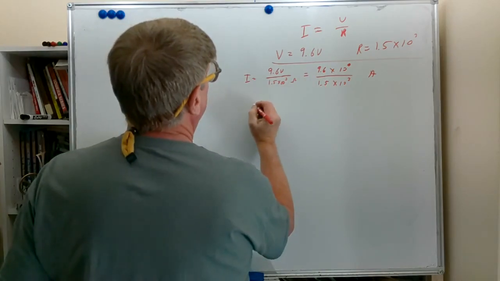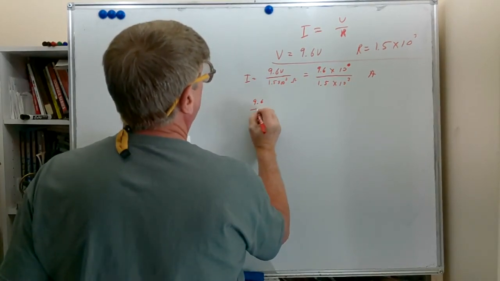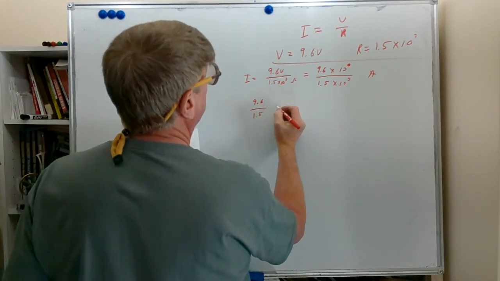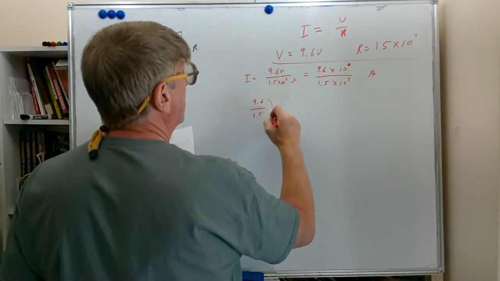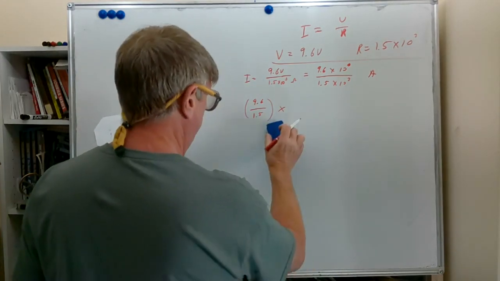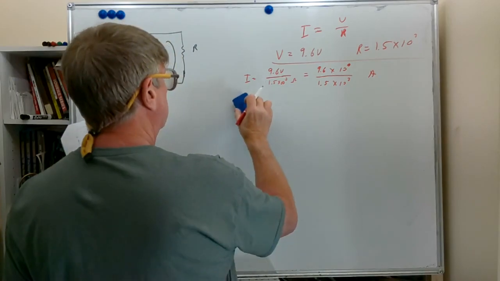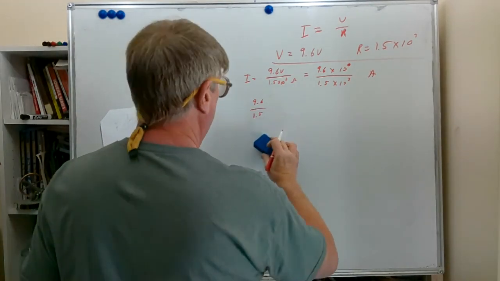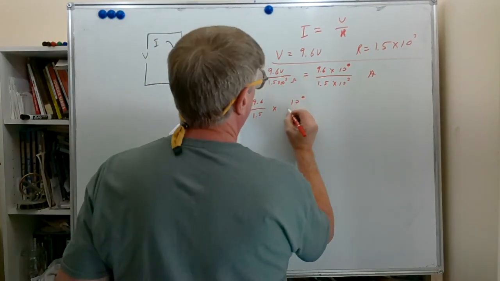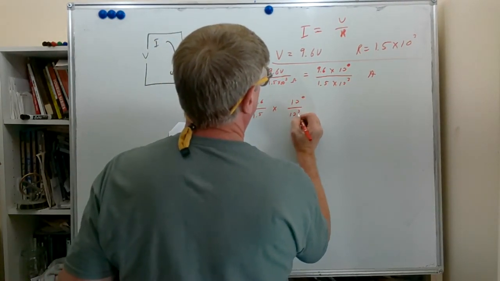We're going to rewrite this a little bit. 9.6 over 1.5, that takes care of the numerical portion, times 10 to the 0 over 10 to the third.